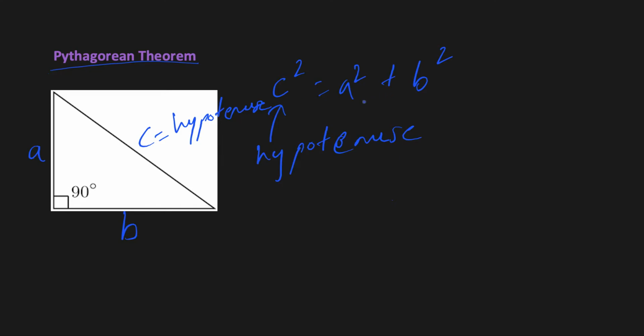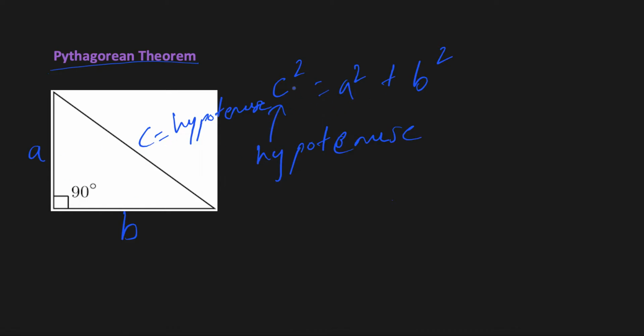And the theorem says that for a right angle triangle, c squared is equal to the sum of squares of the other two sides, which is a squared plus b squared. And we'll go over a couple of examples to see how to solve if two sides are given, regardless of a, b, or c. How can we figure out the other side?